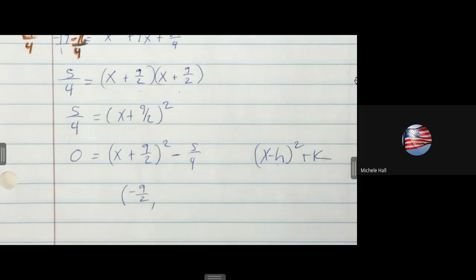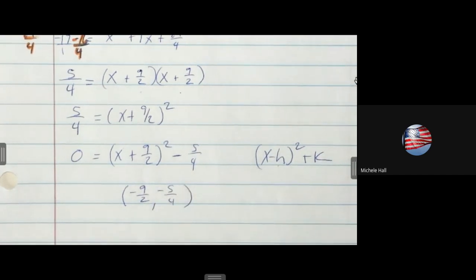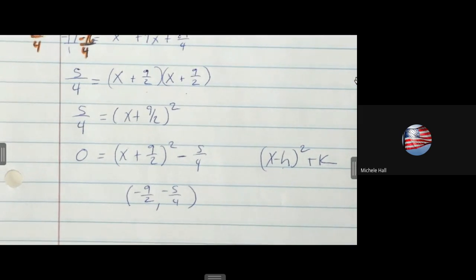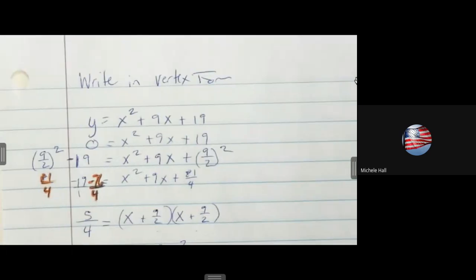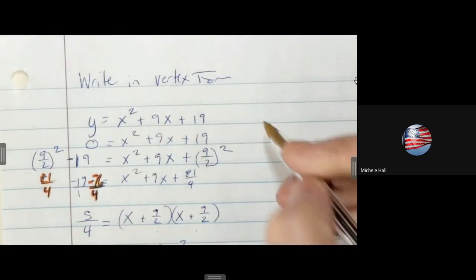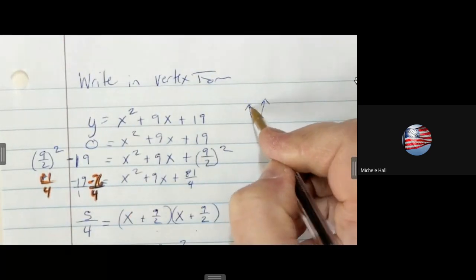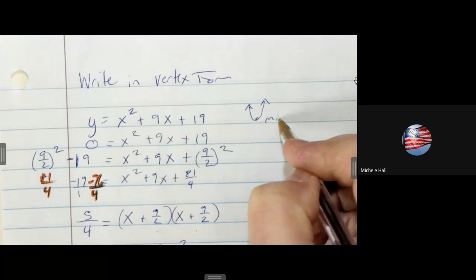Negative 9 halves and negative 5/4. There you go. There's the vertex. Is this a maximum or a minimum? That's right. So if I go back up here, it's a positive parabola. I know it's facing upwards, and that would have to be a minimum.